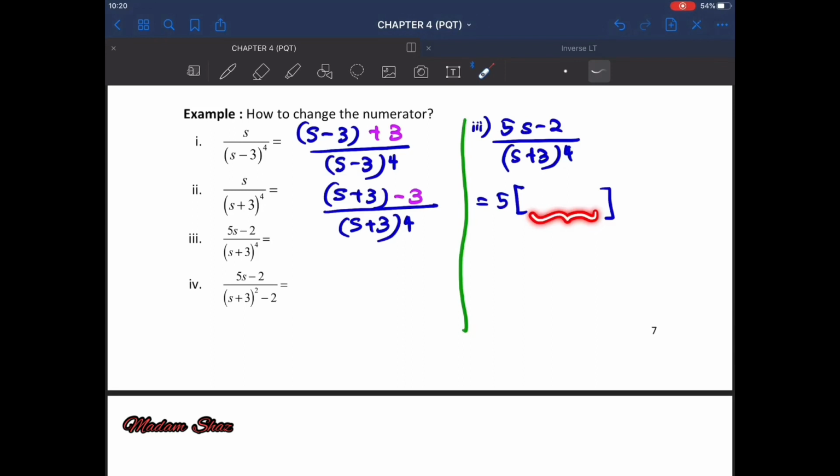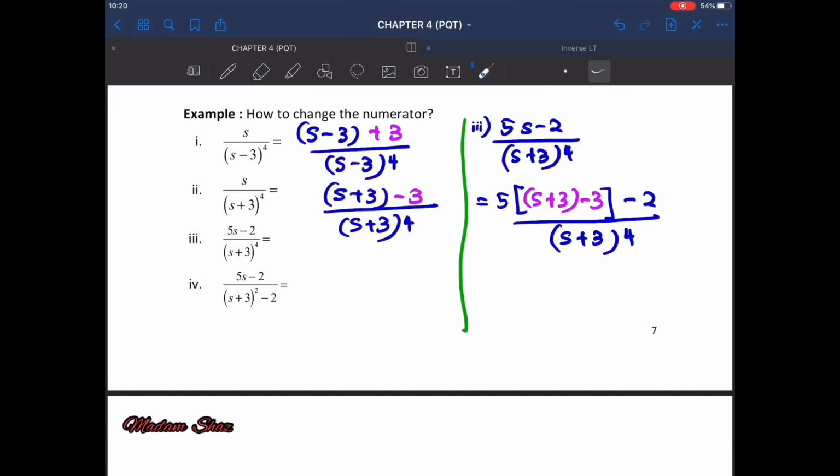In this square bracket, we will change the s to become (s plus 3) minus back 3. And the negative 2 here, we write at the behind, minus 2. Divide the whole thing by (s plus 3) to the power of 4.